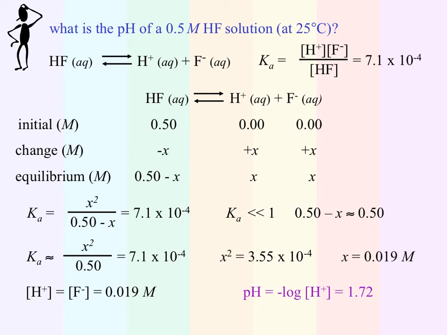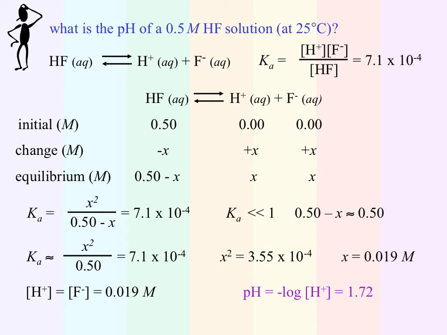We do need to take into consideration the fact that an ice table is going to be needed in order to get from our initial concentrations to our concentrations at equilibrium, because as we know, weak acids do not completely ionize, so there's only going to be so much H plus in solution dictating our pH. So we set up our ice table like we've done in the past. We set up our initial concentrations.